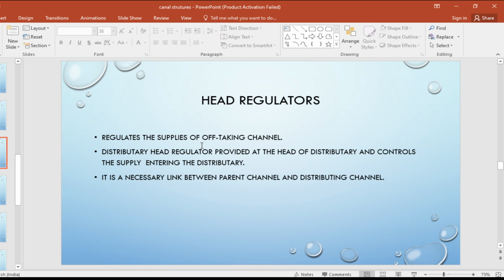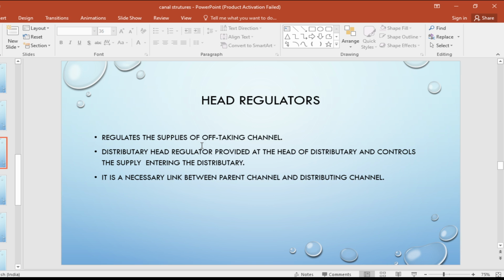Secondly, the distributory head regulator is provided at the head of the distributory and controls the supply entering the distributory. It is very simple. The name indicates it.